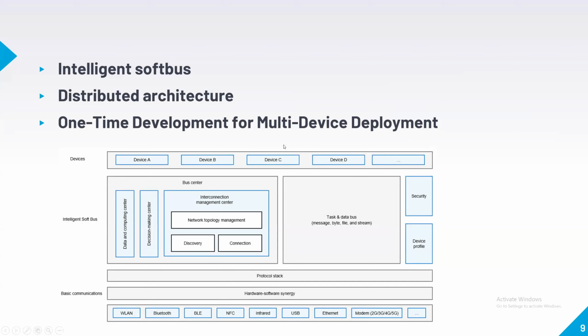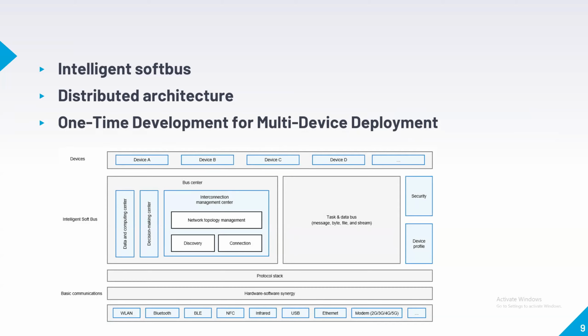So the architecture below here is the intelligent softbus architecture. Then we have a distributed architecture and one-time deployment for multi-device deployment. As we know, tomorrow we have a dedicated session for distributed architecture, where we will see more on that. That is tomorrow morning.